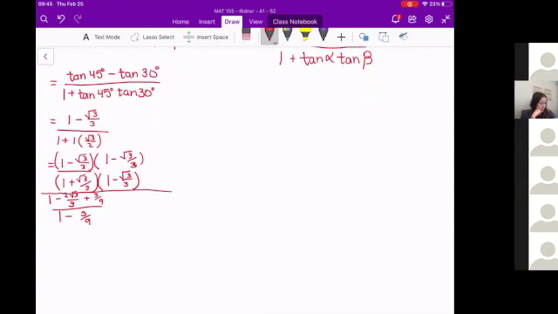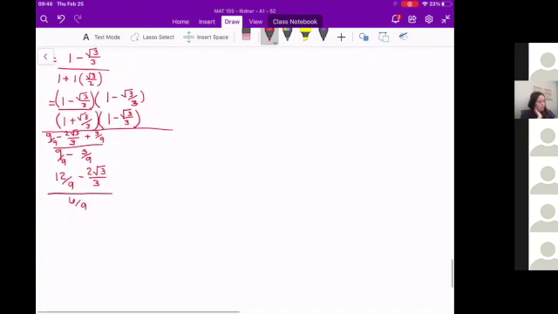Okay. So remember, 1 is the same thing as 9 over 9 if I'm trying to do common denominators. So in the top, I get 9 plus 3 is 12 over 9. Yes, I can reduce that. Algebra says 9 minus 3 is 6/9. I'll go ahead and reduce those to make life easier.